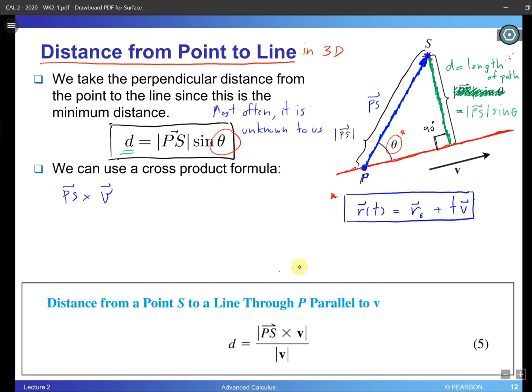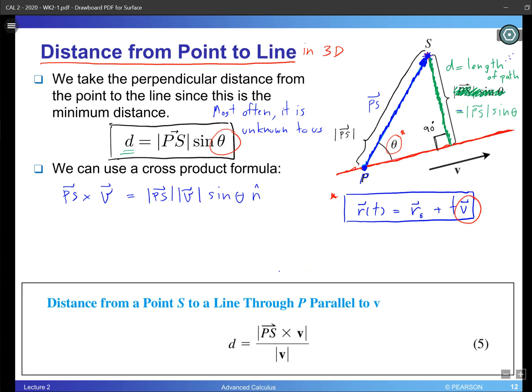Which means that we are going to know this vector V for the line. So it's available for us. Now back to the cross product formula. The second one would be the absolute value of PS, absolute value of V, sine theta, times vector n hat, which is the unit vector that is orthogonal to both PS and V by using the right hand rule.